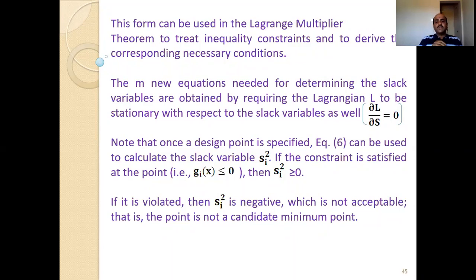The m new equations needed for determining the slack variables are obtained by requiring the Lagrangian L to be stationary with respect to the slack variables as well.